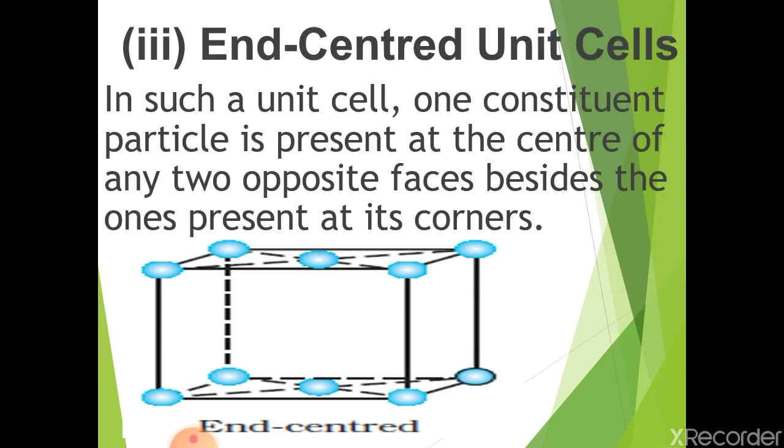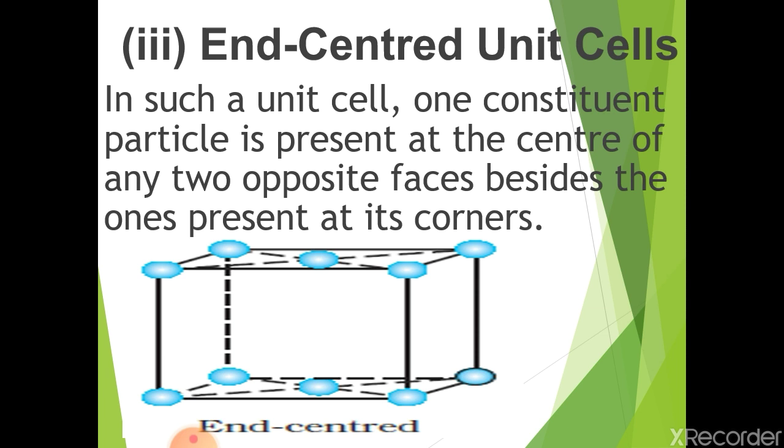Third, end centered unit cell is also a type of basic structure. In such a unit cell, one constituent particle is present at the center of any two opposite faces besides the one at its corner.